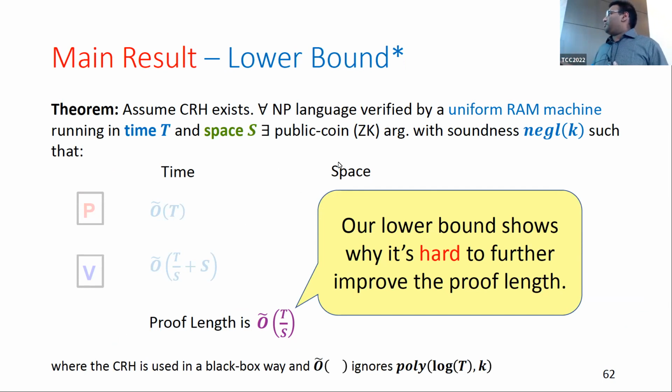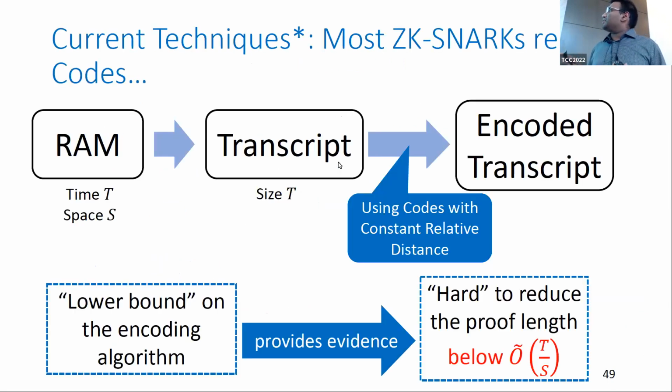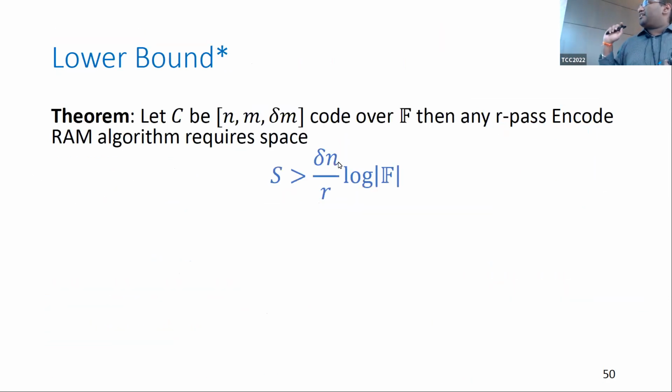Our lower bound, basically we show that based on current techniques in the symmetric key setting, it's hard to improve the proof length further than T by S. What you do is you take a RAM program, you convert it into a transcript, and then you encode this transcript using constant distance codes.